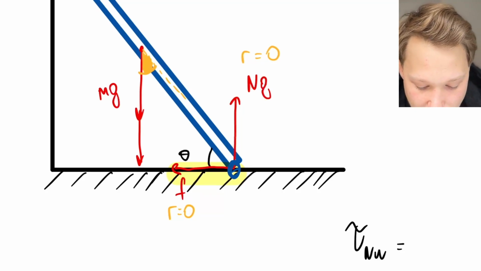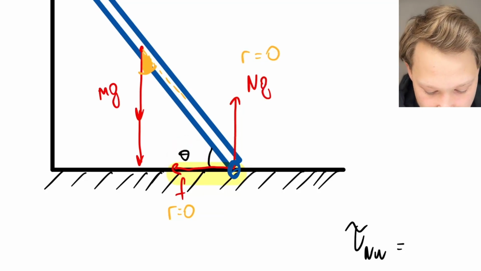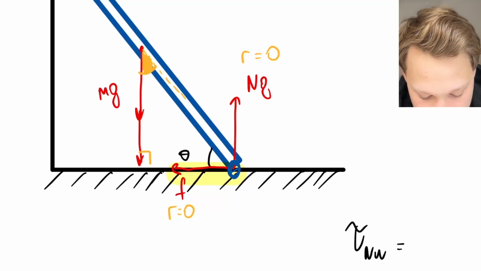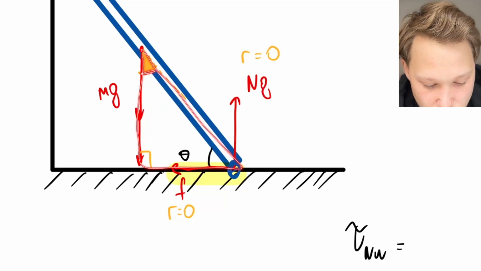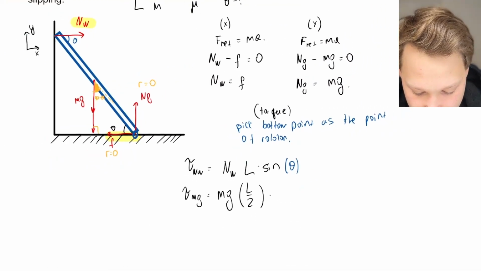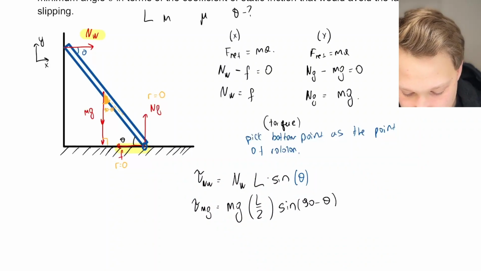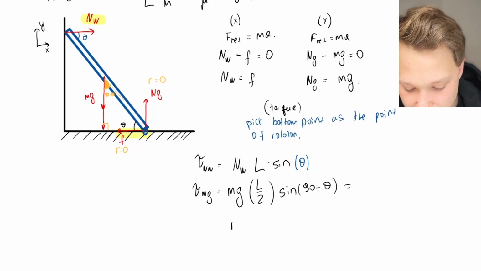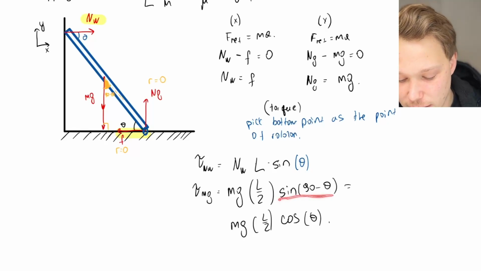And I want to find it in terms of angle theta. So therefore, because this is a right triangle, this angle right here is going to be 90 minus theta. So it's going to be sine of 90 minus theta, which, by the way, I can write as just cosine of theta, right? This is one of the trick formulas that you can write sine of 90 minus theta as cosine theta.